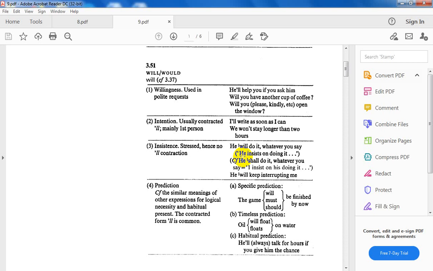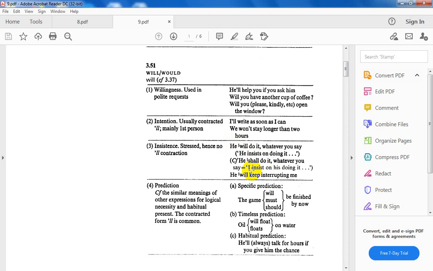If I want to compare these two sentences, he will do it, he shall do it. If I paraphrase this, it is the same speaker, the same subject insisting on himself to do it. But here, the speaker is insisting on the listener.